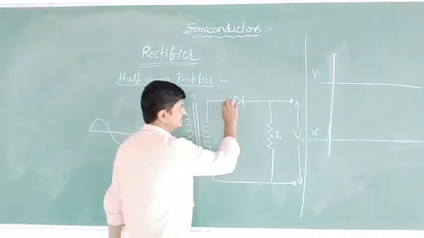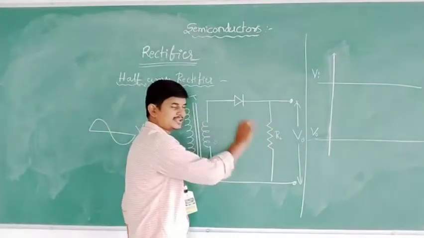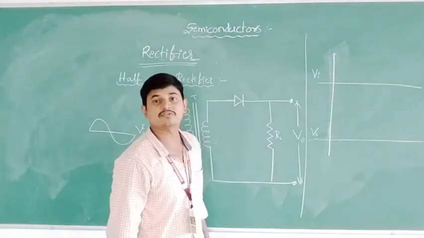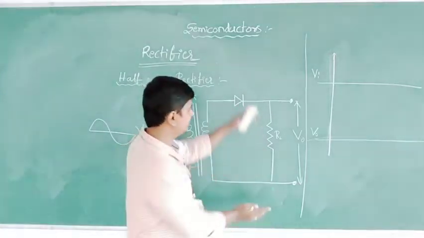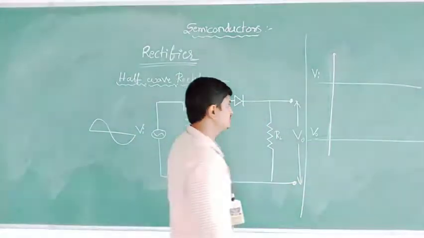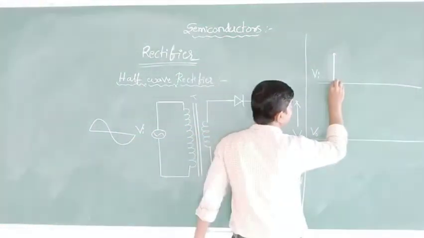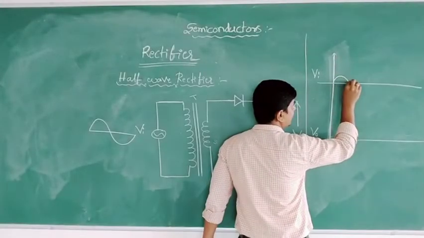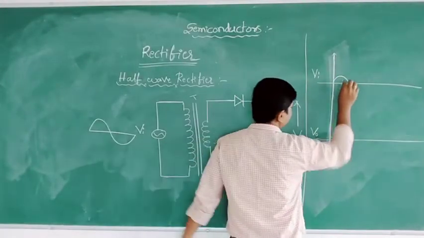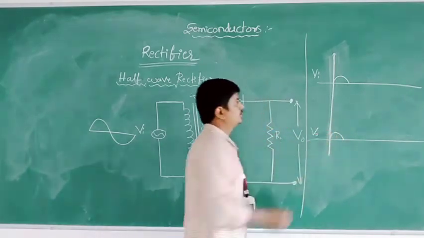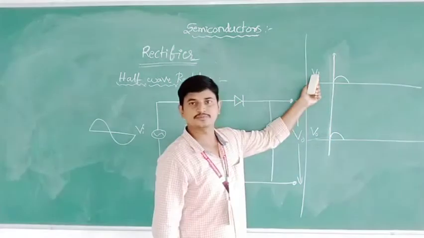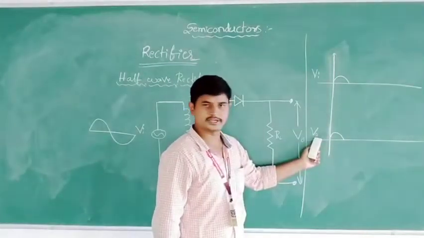The flow of current through the resistance gives V equals IR, and then we get the output voltage. In the first half cycle of input, we got an output voltage.